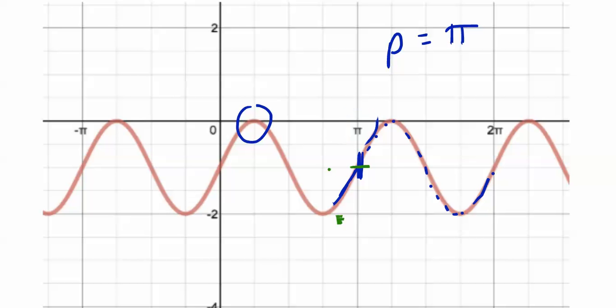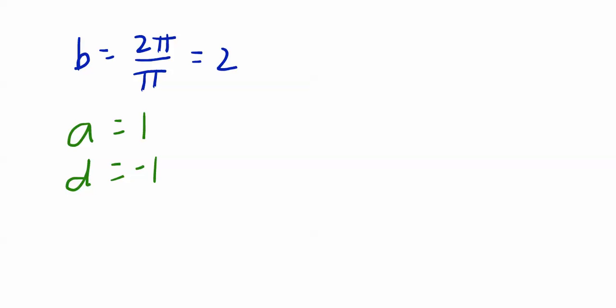All right, how much did that move? Well, we've got pi, which is right here. So this is pi over 2. So this must be pi over 4. Okay, so for a cosine graph, looking at the maximum, the graph was shifted to the right pi over 4. Okay, sounds good. So C is pi over 4 to the right.